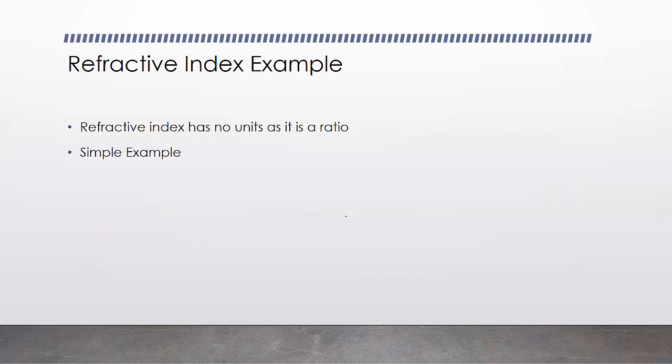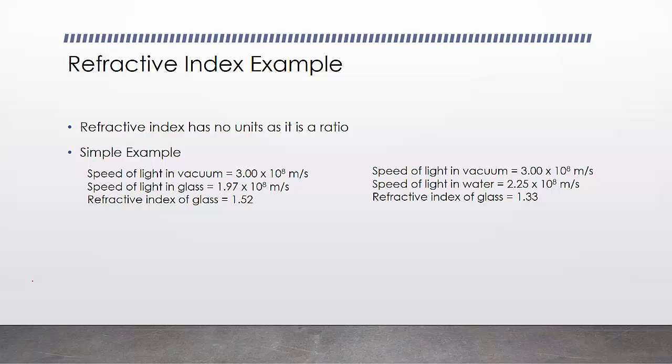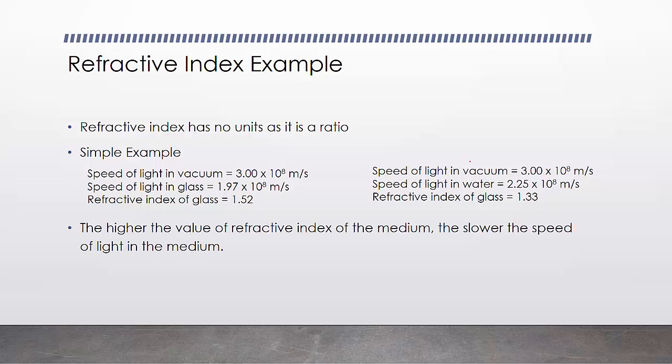Example, if the speed of light in vacuum is 3 and the speed of light in glass is 1.97, the refractive index of glass will be 1.25. Similarly, if the speed of light in water is slightly faster, 2.25 times 10 to the power 8, you find that in this case the refractive index is smaller. That is to say, the higher the value of the refractive index, the slower the speed of light in the medium.